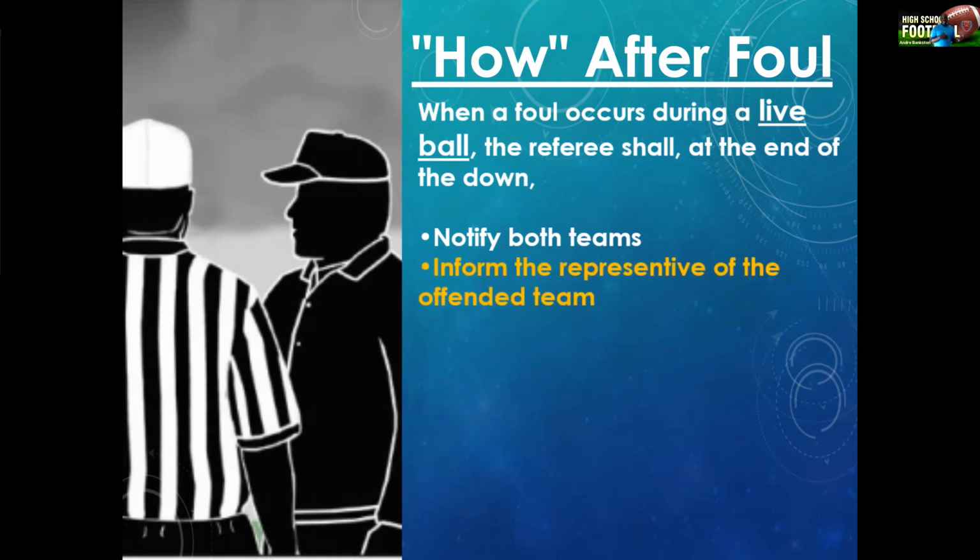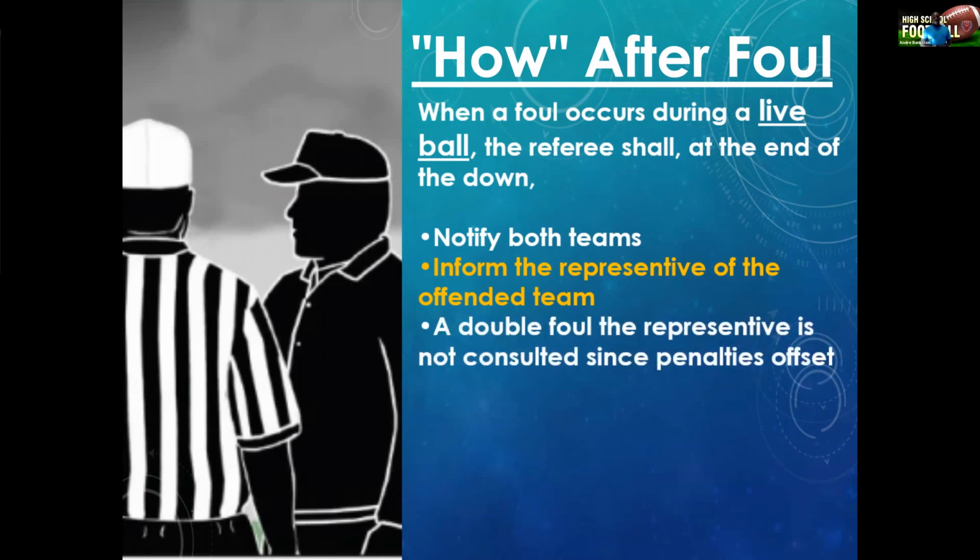A held B, so whoever the coach designated is the one to make the decisions for B. We're going to say, hey, we got a holding on A. If it's a double foul, let's say we got a block below the waist on A and a defender slapping the helmet of a blocker, they are double fouls, they offset. We don't have to talk to anybody about that. We just offset them.